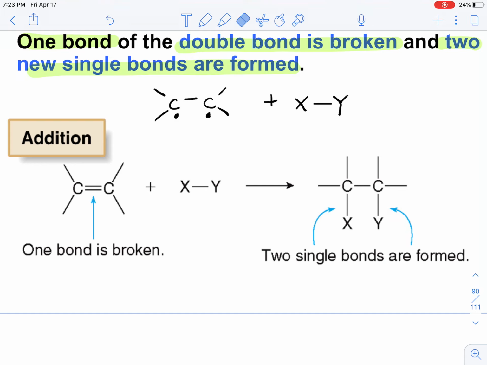Once again, the idea is to break a bond. To break a bond, the electron goes back to its original owner. Once that happens, you get another electron back onto its original owner. And to form a new bond, it requires two electrons.